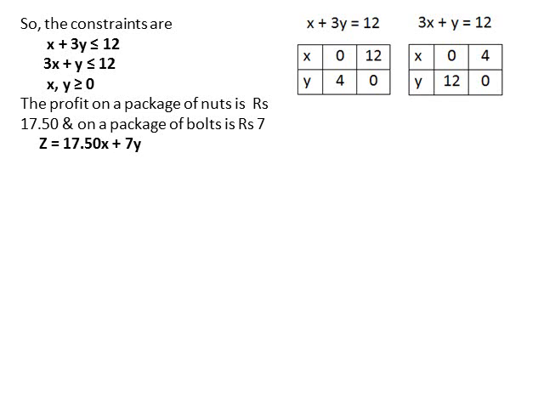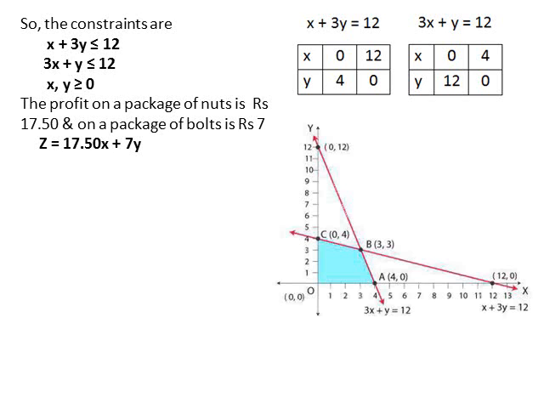Take the same and suitable scale so that we will be able to plot all the points. Then plot the points of both the equations one by one and by joining these points we get two straight lines as shown. Next, determine the shading of both the inequalities and get the common shaded region as shown here.